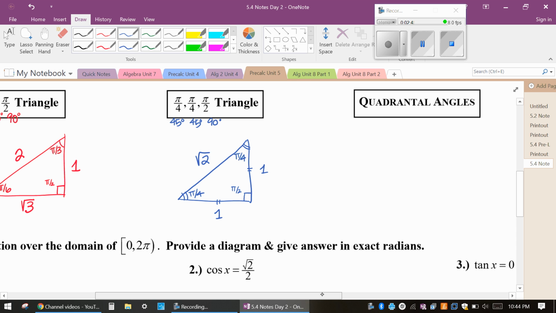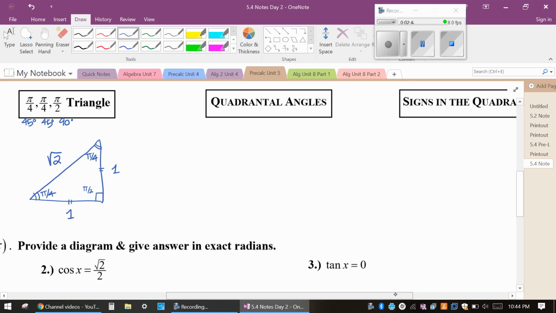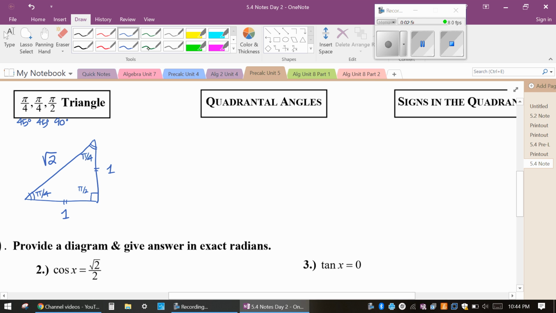We also studied quadrantal angles in Chapter 4, which we're going to need for this lesson. Quadrantal angles are angles that fall exactly on the x and the y axis. So 0 radians, pi over 2, that's 90 degrees, pi, 3 pi over 2, and then 2 pi or 0. You need to know the coordinates for those angles.